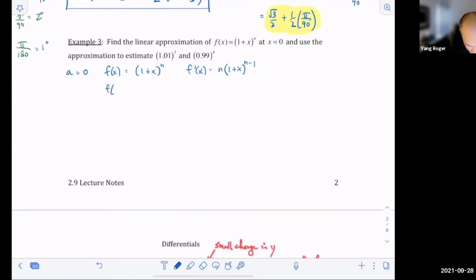Well, if I calculate what f of 0 is going to be, that's going to be 1 to the n, and 1 to the anything is just 1. My f prime, I want f prime of 0, that's going to be n times 1 to the n minus 1, and that's just going to give you an n. See, this question is kind of weird because they don't tell me what the power is, so I just have to leave that as a variable.